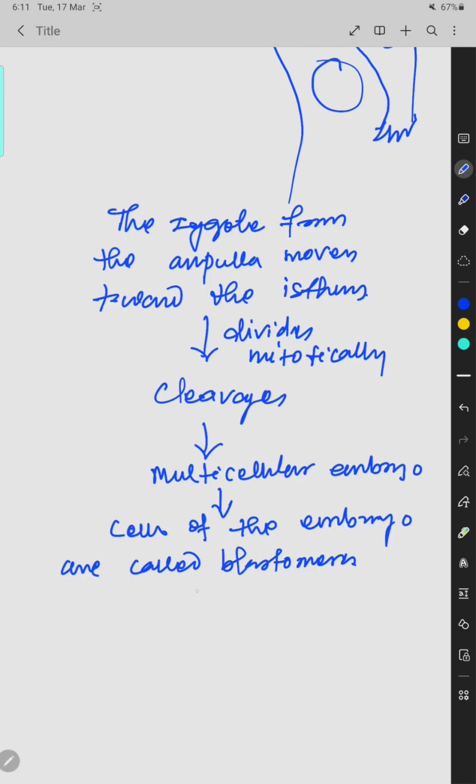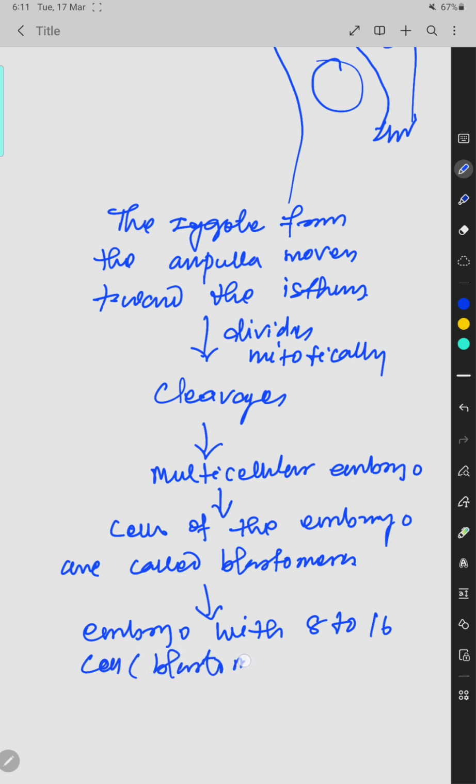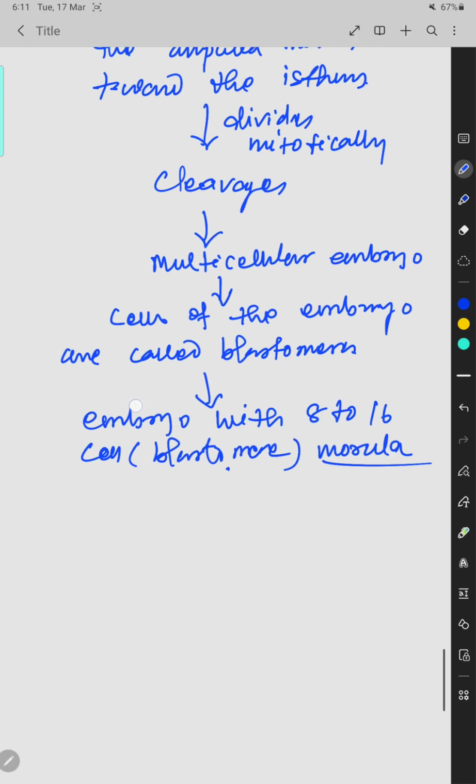Okay. Now when this embryo is with 8 to 16 cells, meaning blastomeres, it is called morula. Remember, this cell number is very, very important.